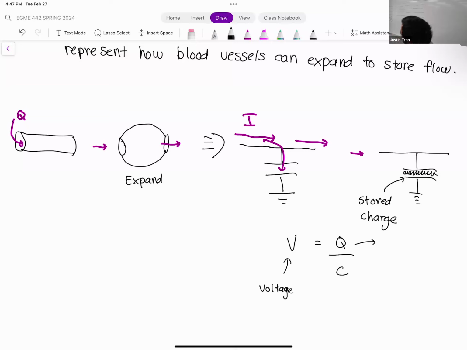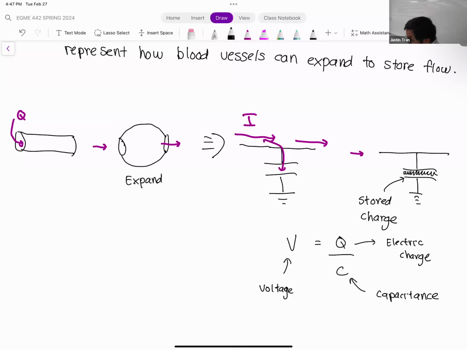I know it gets confusing because I'm using Q to represent flow rate, but this Q here represents electric charge, and the C here is the capacitance. Capacitance is a parameter that represents how much charge this capacitor can store.